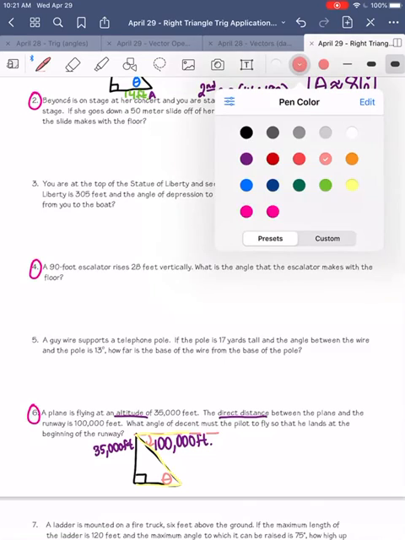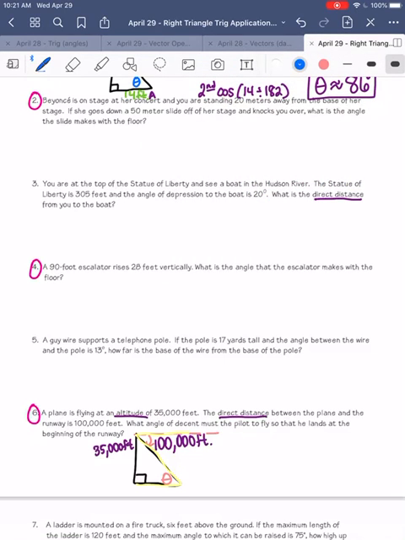Let's label these guys. According to the angle we're looking for, this is O and this is H, so sine theta equals O over H. Then we type in second sine of 3,500 divided by 100,000.